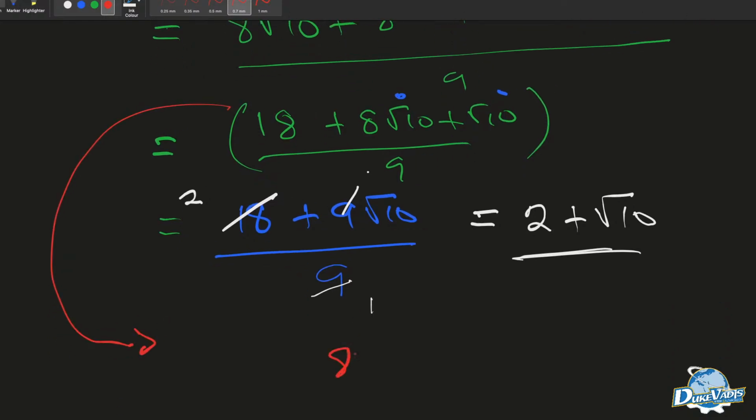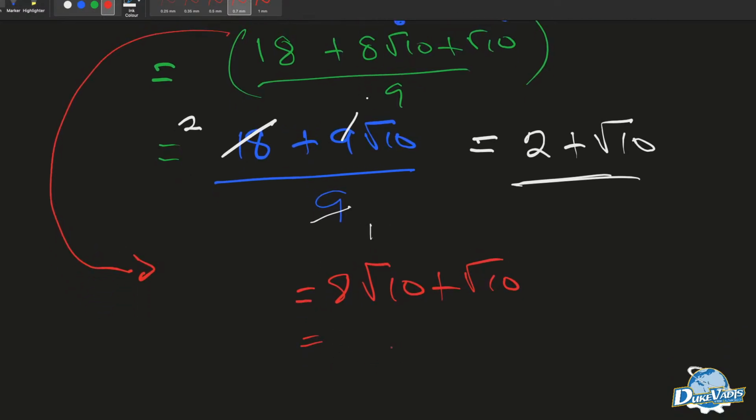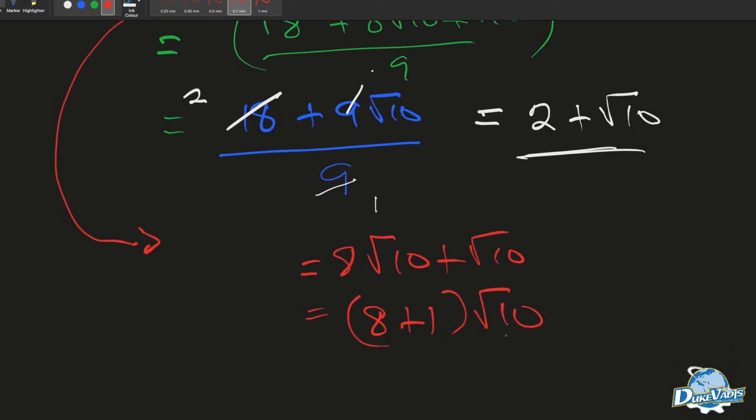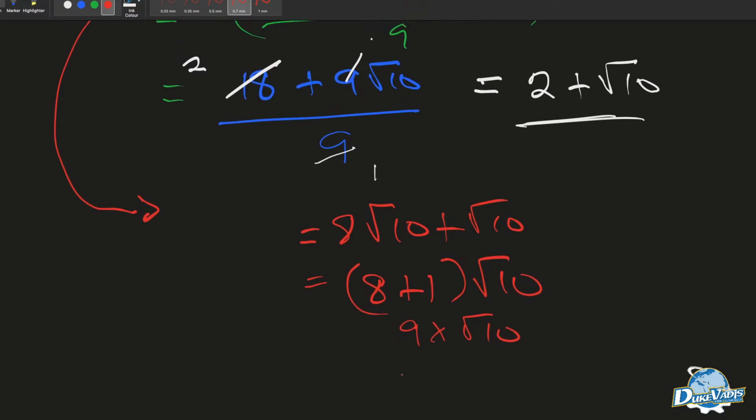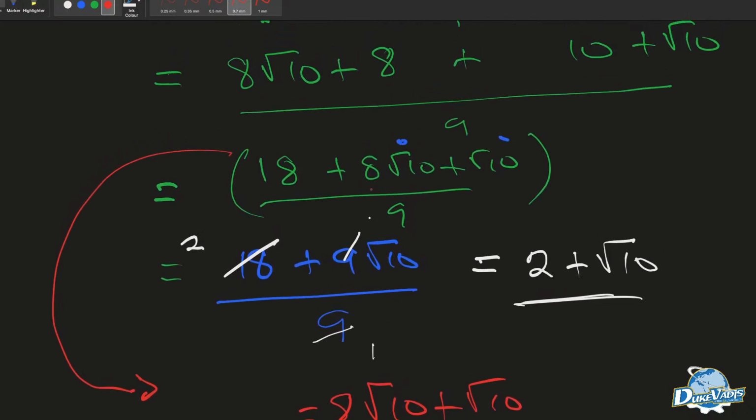So if I have 8 root 10 plus root 10, all it means is when I factorize root 10 out, I'm going to get 8 plus 1 into bracket root 10. You remember we did it yesterday. So the 8 plus 1 will be 9, multiplying root 10. So it gives us 9 root 10. So that's the reason why we have 9 root 10 over here when we computed this.